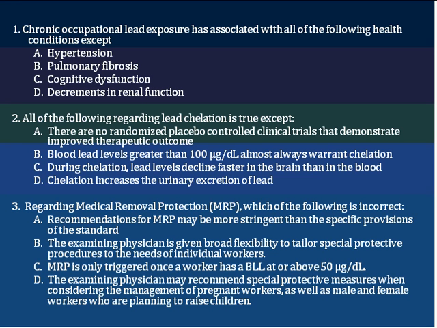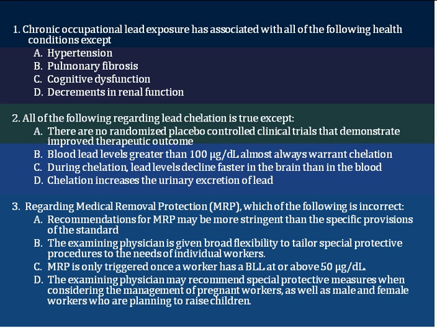Question 1: chronic occupational lead exposure has been associated with all of the following health conditions except: A, hypertension; B, pulmonary fibrosis; C, cognitive dysfunction; and D, detriments in renal function. The correct answer here would be B, pulmonary fibrosis has not been associated with lead exposure.